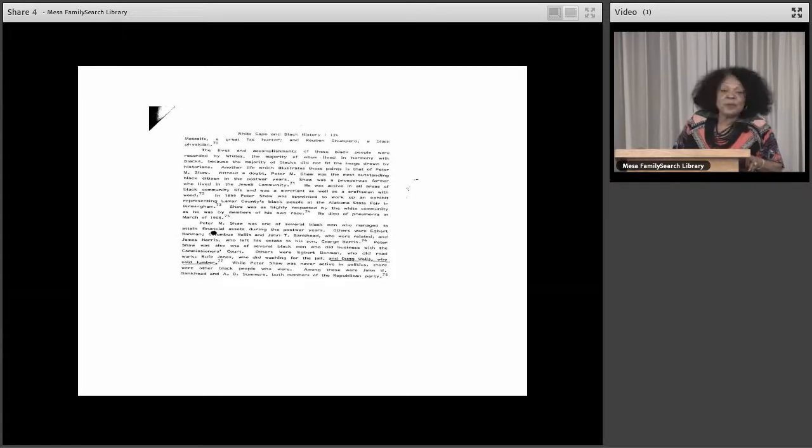This is the chapter of the book of Lamar County history that dealt with African Americans, titled Whitecaps and Black History. And right down here is one of the mentions of my great-great-granddad, Doug Wells.